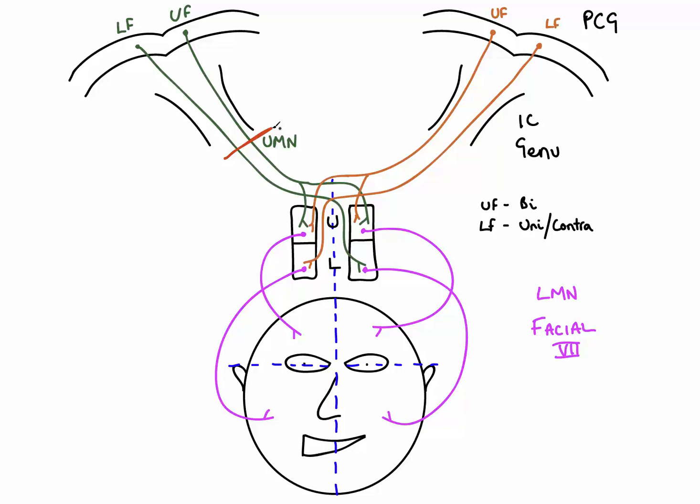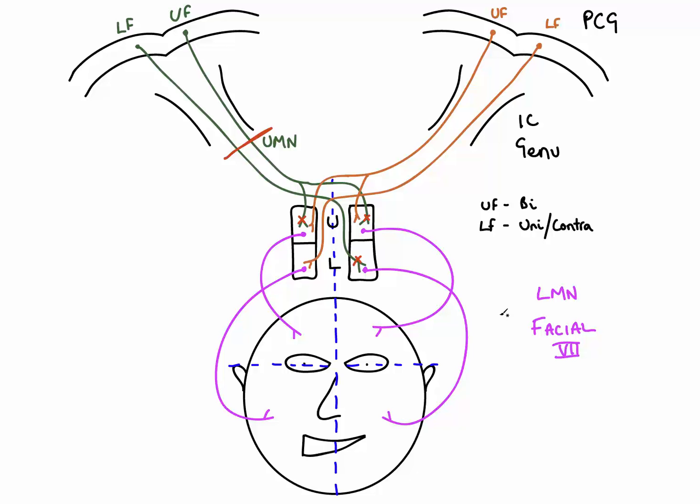Now, what is the consequence of that knockout going to be on the input to the facial nucleus? So we'll be able to see that this one here would go. We can see that this one here would go, and we can follow for the lower face that this one here would go.